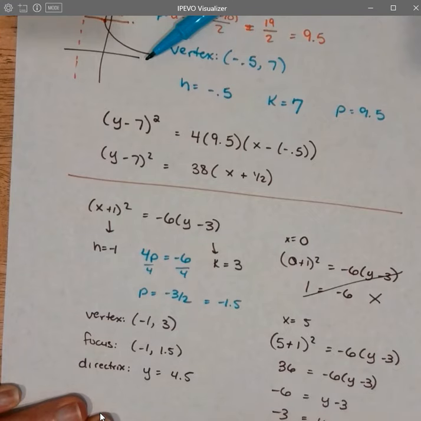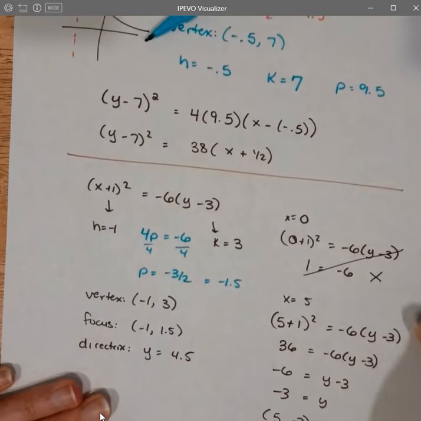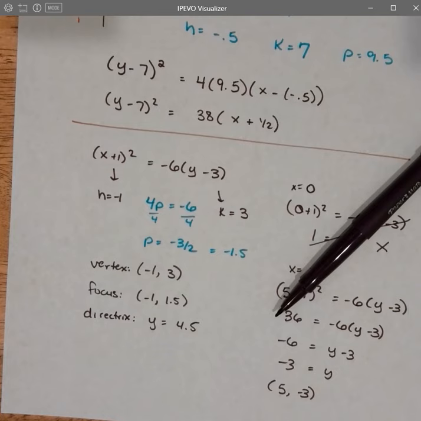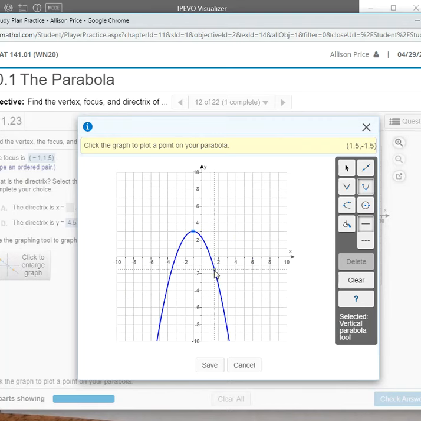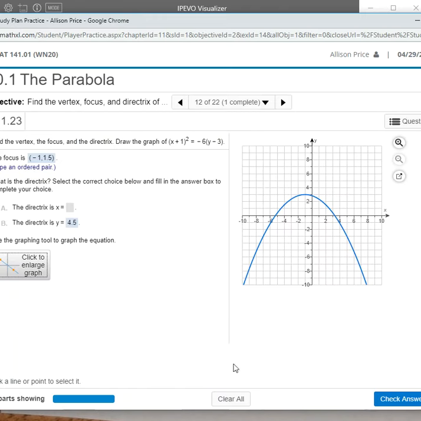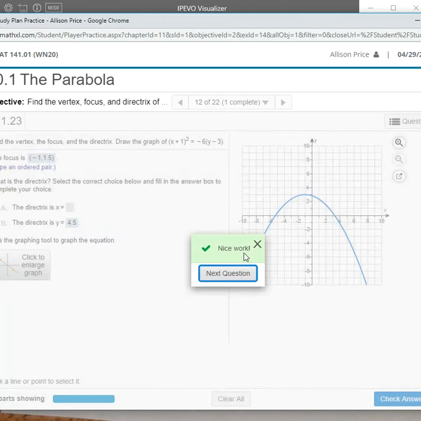So that gives me an ordered pair of 5 comma negative 3. I needed some other ordered pair that was going to be on the parabola. I can't use my focus or directrix, of course, because they're not on the parabola. So 5, negative 3 is on the parabola, and then I can save it. All right, so that was necessary, just finding some other point.